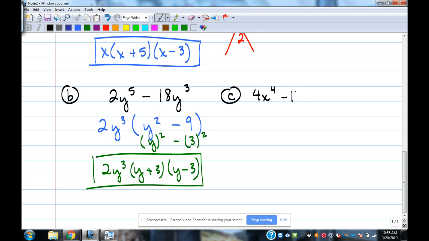4x to the 4th minus 16x cubed plus 16x squared. Descending order, check. GCF. 4x squared. So we'll pull that out to the front. That leaves us x squared minus 4x plus 4.